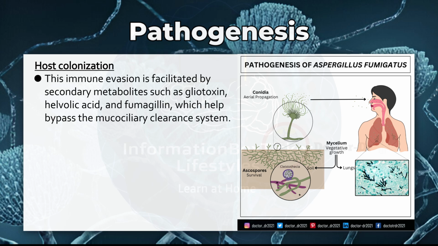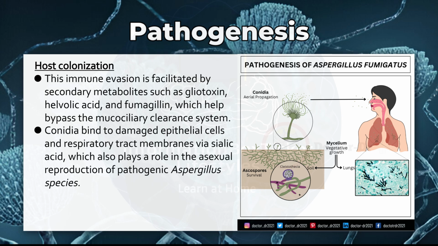This immune evasion is facilitated by secondary metabolites such as gliotoxin, helvolic acid, and fumagillin, which help bypass the mucociliary clearance system. Conidia bind to damaged epithelial cells and respiratory tract membranes via sialic acid, which also plays a role in the asexual reproduction of pathogenic Aspergillus species.